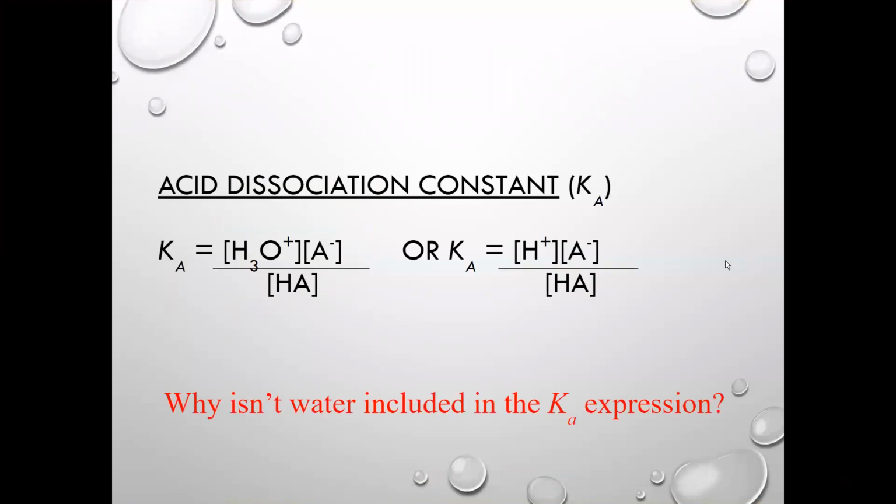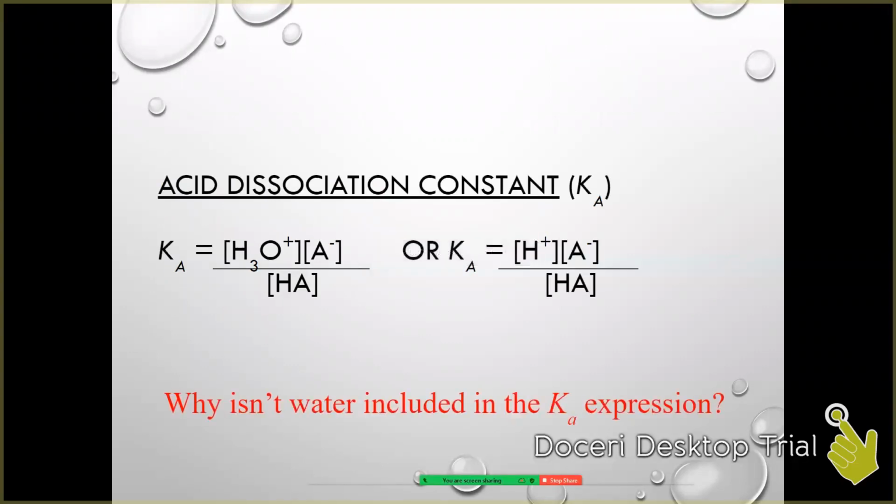All right, so our Ka, A stands for acid, is going to be our hydronium concentration times our conjugate base concentration divided by our intact acid. This is a real basic equation you would get this from.